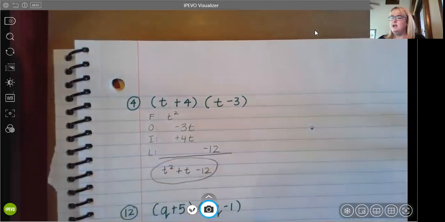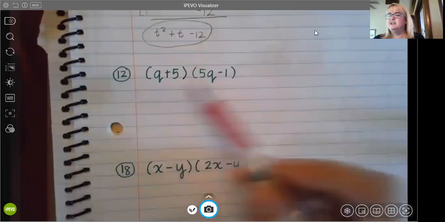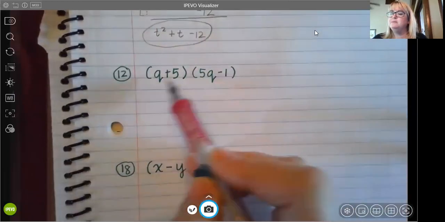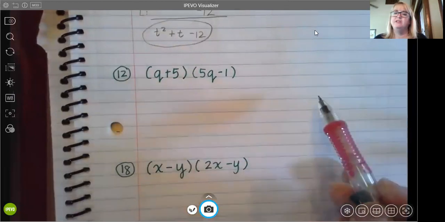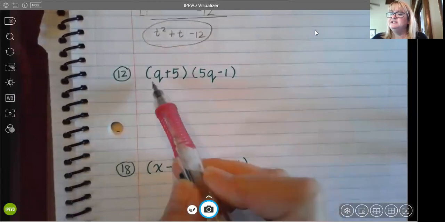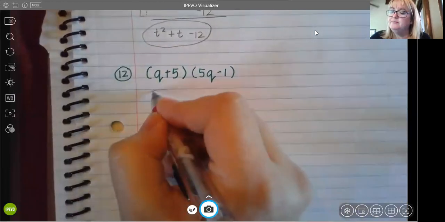All right, let's look at 5. Instead of writing FOIL and all that, we're going to do q times both terms. I'm just going to make it one long expression. So q times 5q is 5q squared.